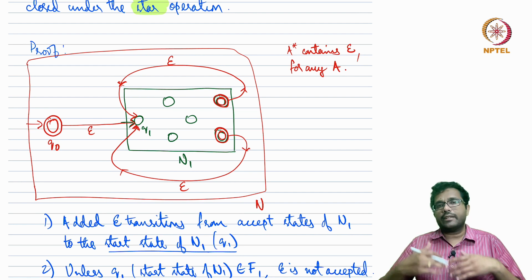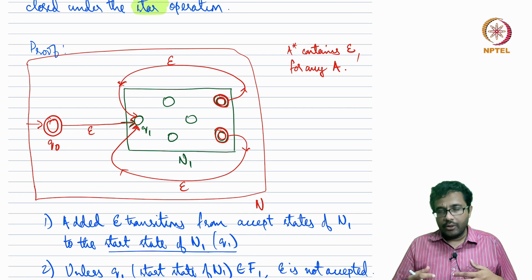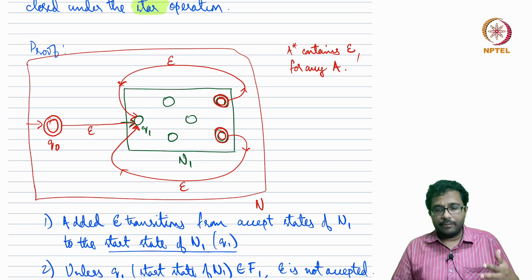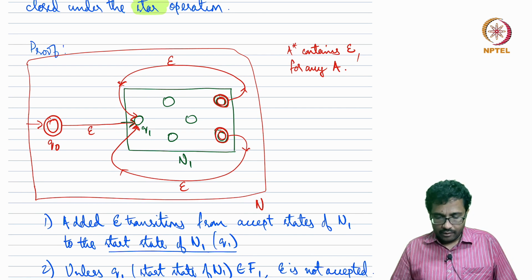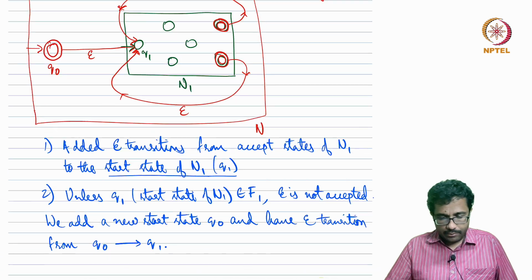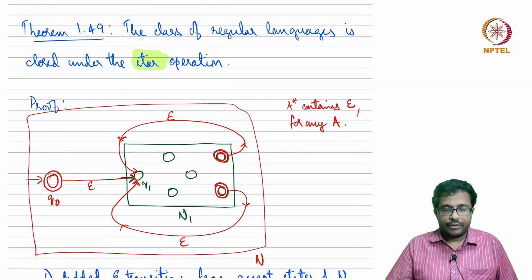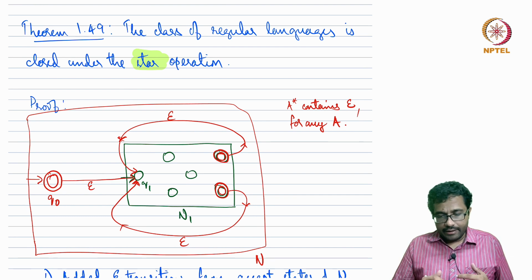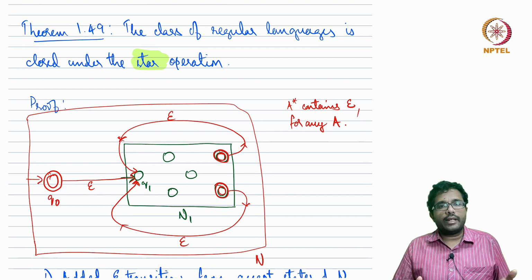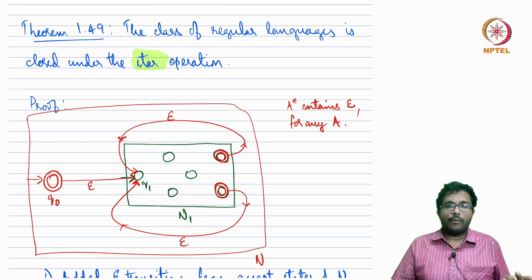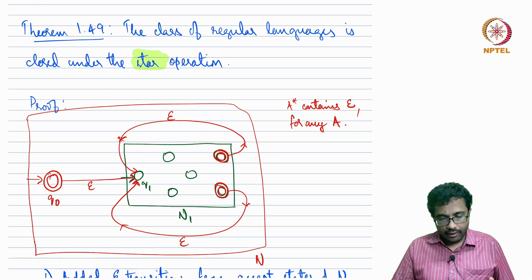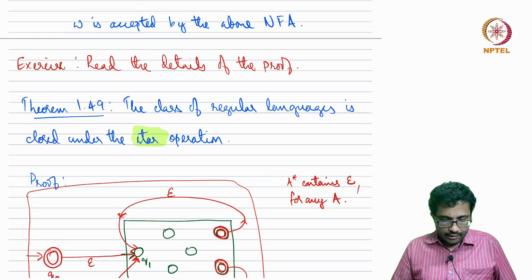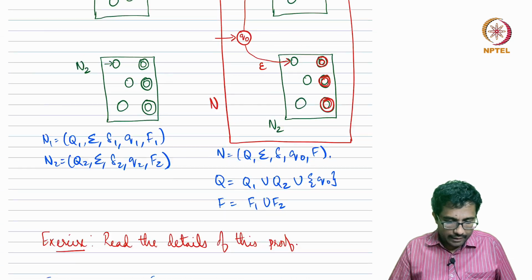Of course we can formally define it, and I urge you to go through the formal proof in the book, which we gave for the third case, but we didn't give for the first two cases. So using the power of NFAs, we are able to show that regular languages are closed under union, concatenation and star. We also saw closure under complement earlier, right? So that completes lecture 9.